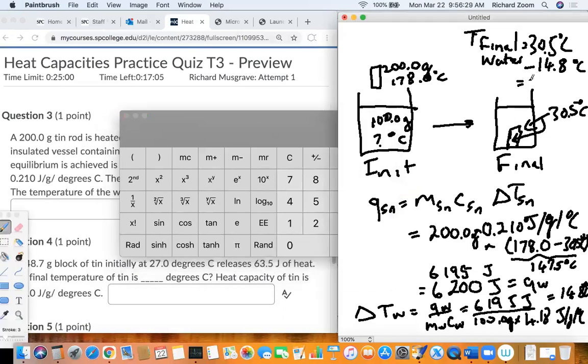So that would end up being the initial temperature of the water. So it was initially a lot less. All right, does anybody have any questions?